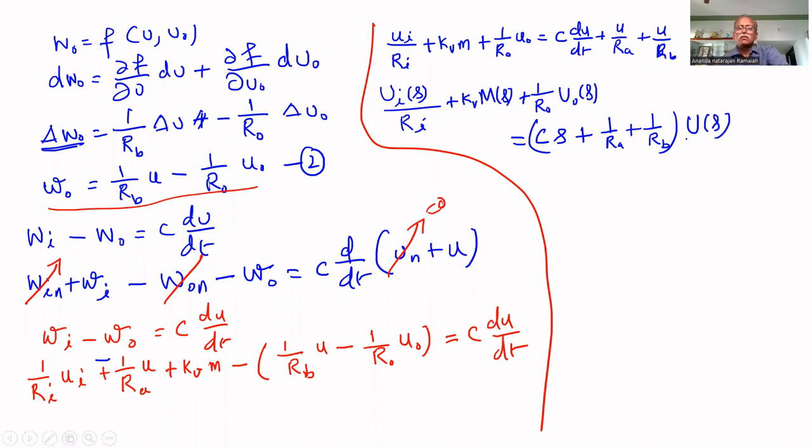Here, if you manipulate m of s, you can manipulate u. But ui and u naught also play a role. These two are playing as disturbances. This is also a disturbance.